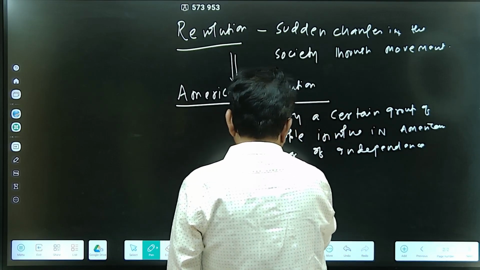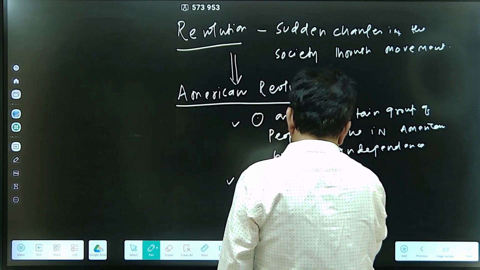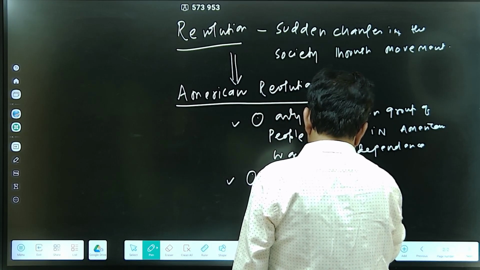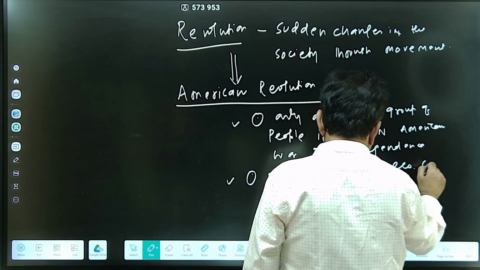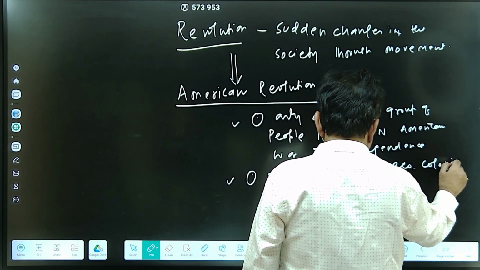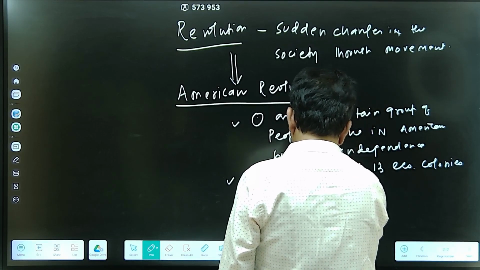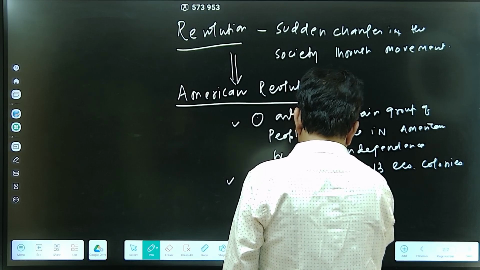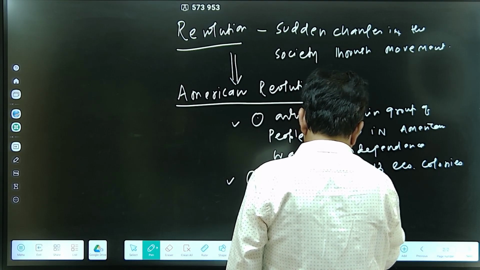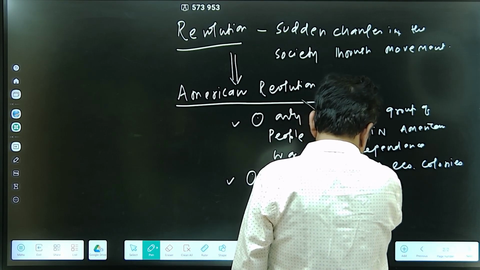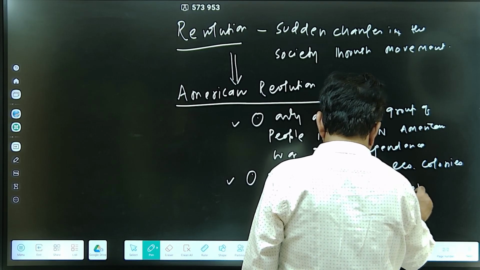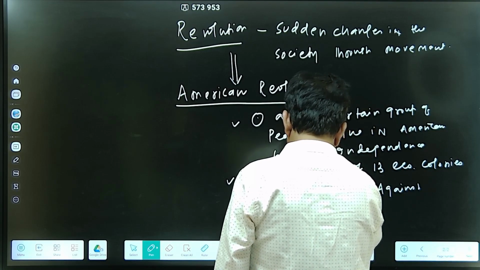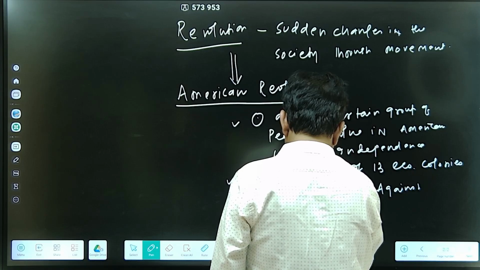Means only the people of the 13 colonies fought a battle against the British colonial government.